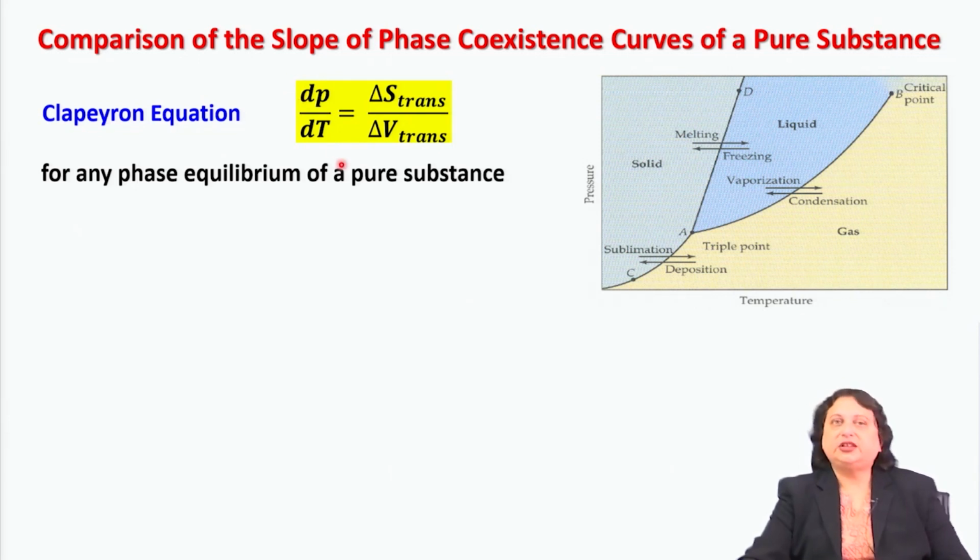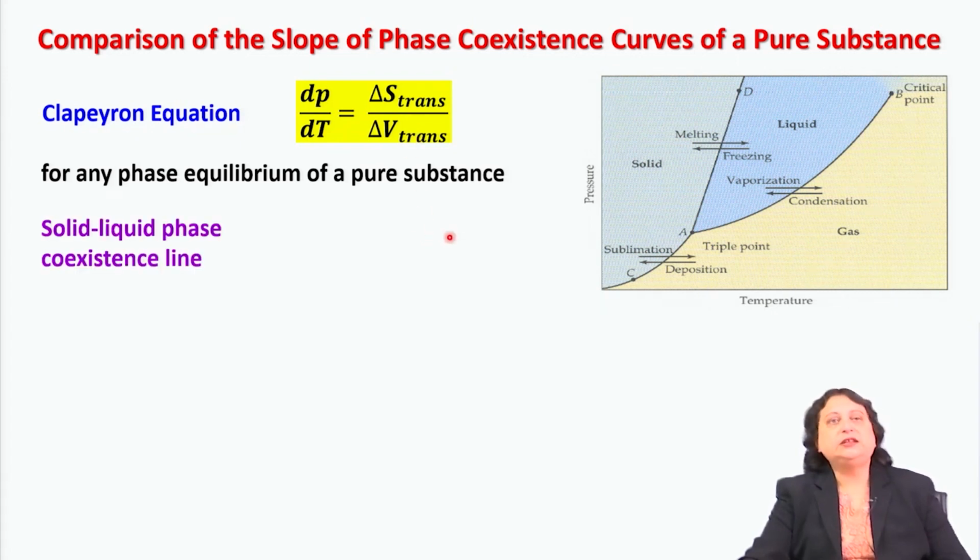And then we ask the question, what is dP dT? That we have shown is related to the change in entropy during the transition divided by the change in volume associated with the phase transition. Okay?